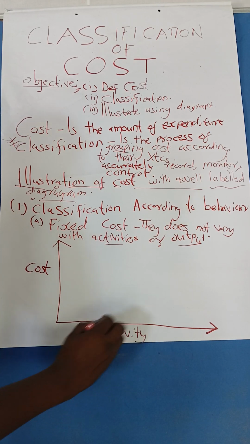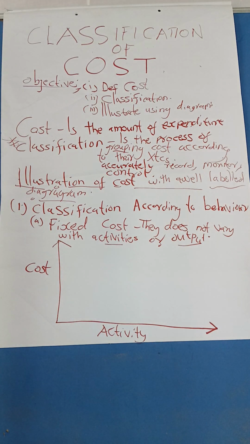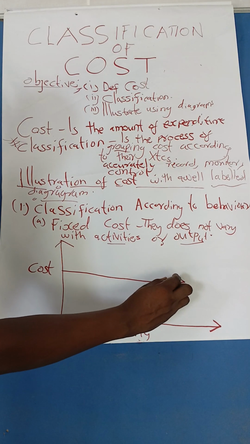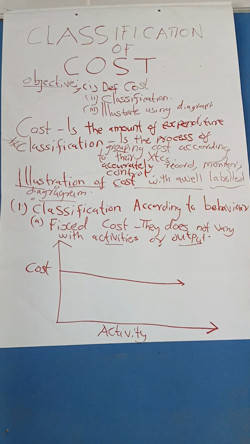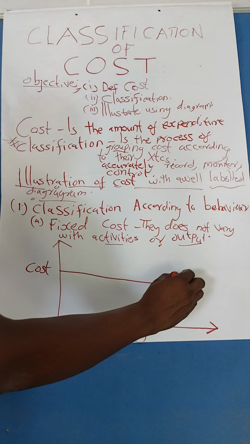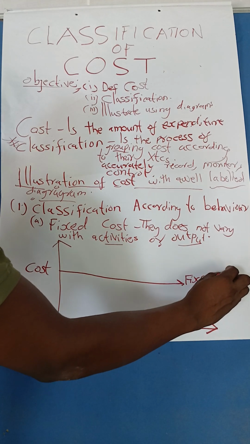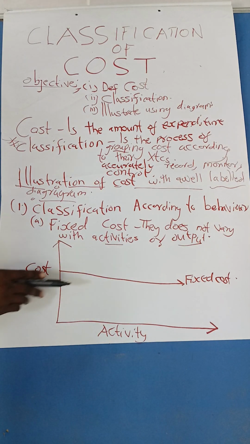Then you realize that we have said it remains constant at a relevant period. So this is what we call fixed cost, because it just remains constant.